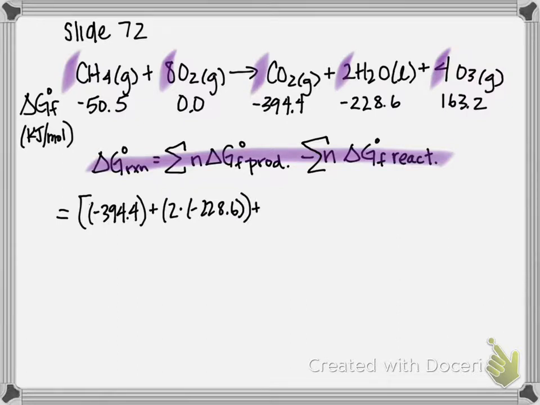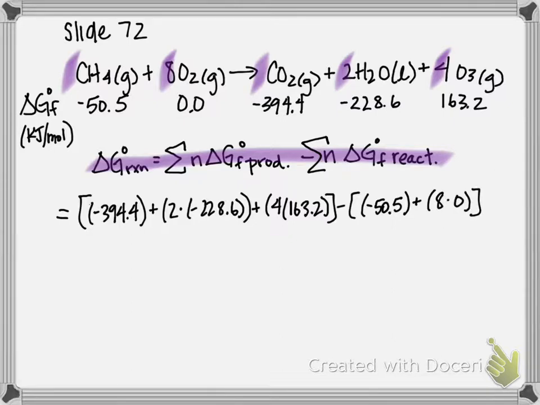For ozone, it's 4 times 163.2. And then we're going to subtract the reactants. For methane, it's just negative 50.5. For oxygen, it'll be 8 times 0.